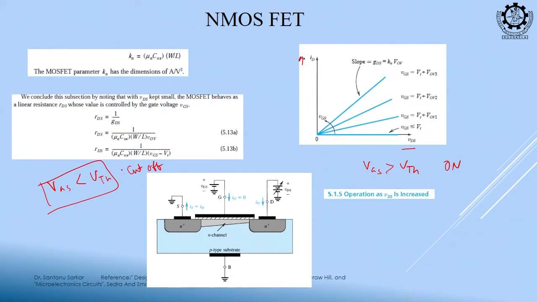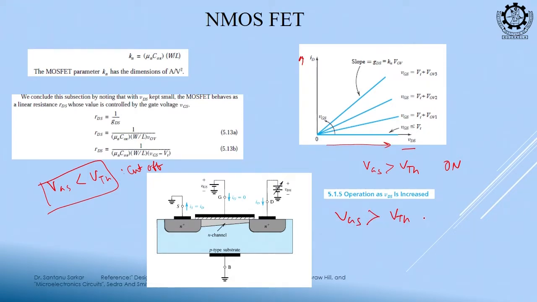Once this is turned on, suppose we are increasing the VDS voltage. Initially it will follow a linear relationship, then what will happen we will discuss. Suppose you are increasing this VDS, what is the channel potential? Channel potential is VGS, and when VGS is above VTH, the channel is formed.